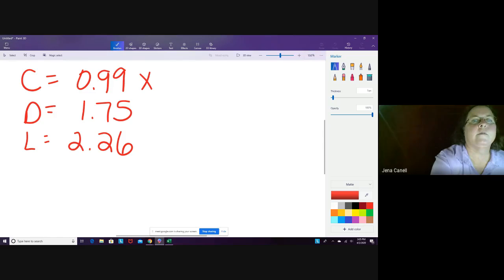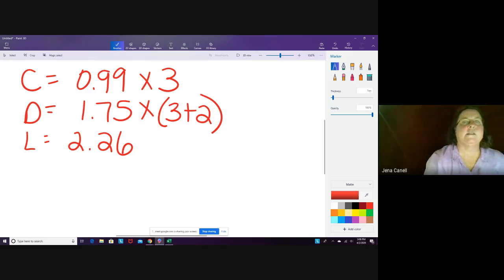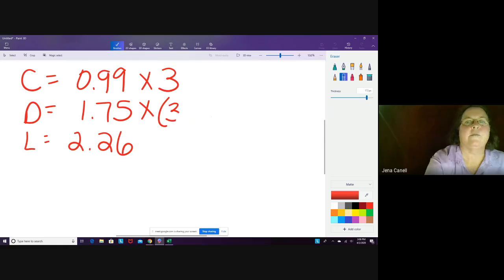Well, 3 carnations. And 2 more daisies than carnations, so you would have times the quantity of 3 plus 2. That is 3, the number of carnations, plus 2 more. So that would be $1.75 times 5. 3 plus 2 equals 5. So I'm going to go ahead and write 5 in there.